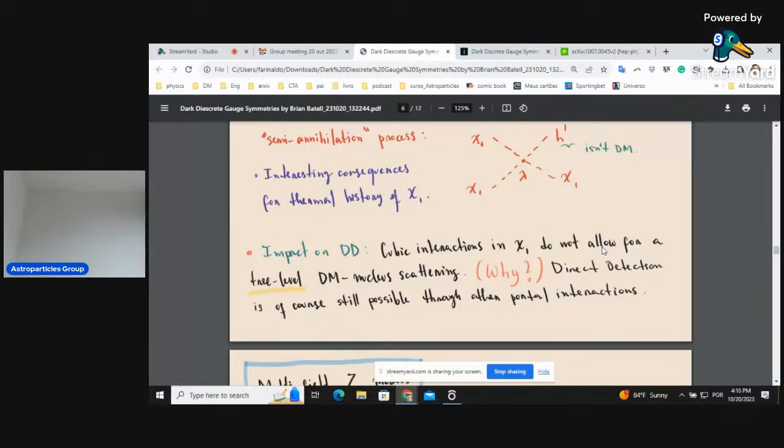So if you make it very light, the lifetime will be small, and then it's excluded. But you want it to be light for this scattering to take place. But then it won't matter, because this coupling has to be very, very small for the lifetime to be large, right?